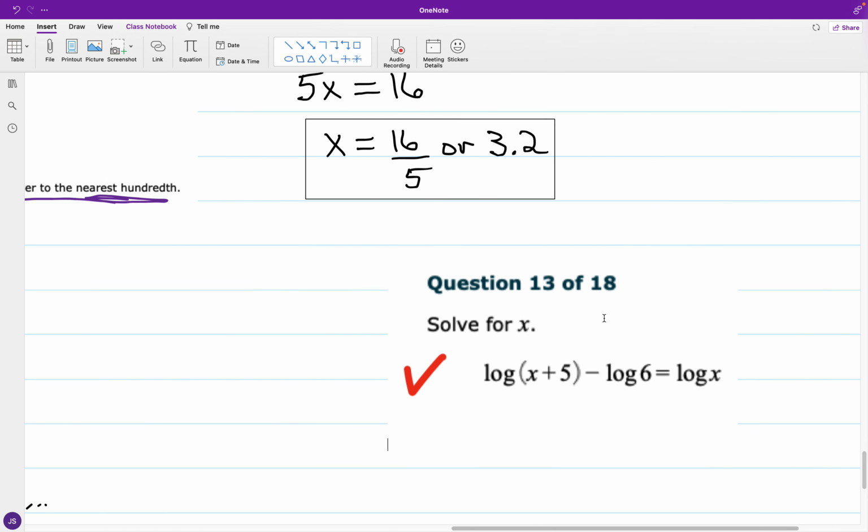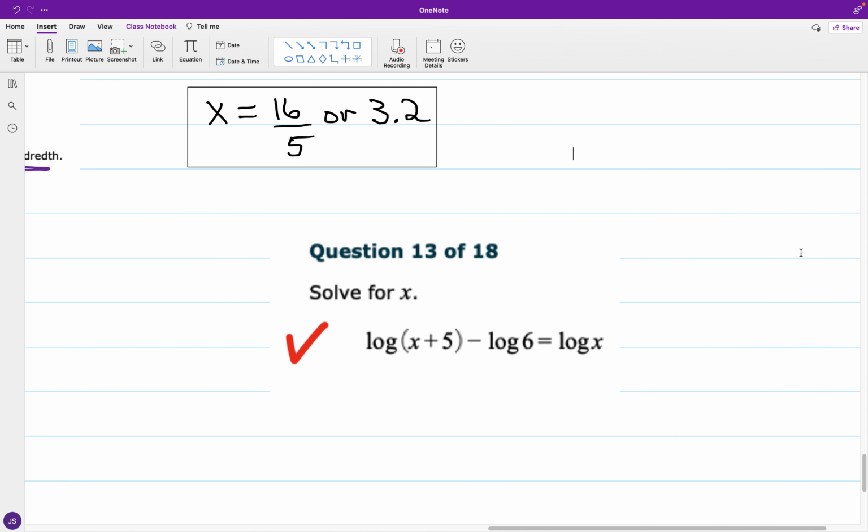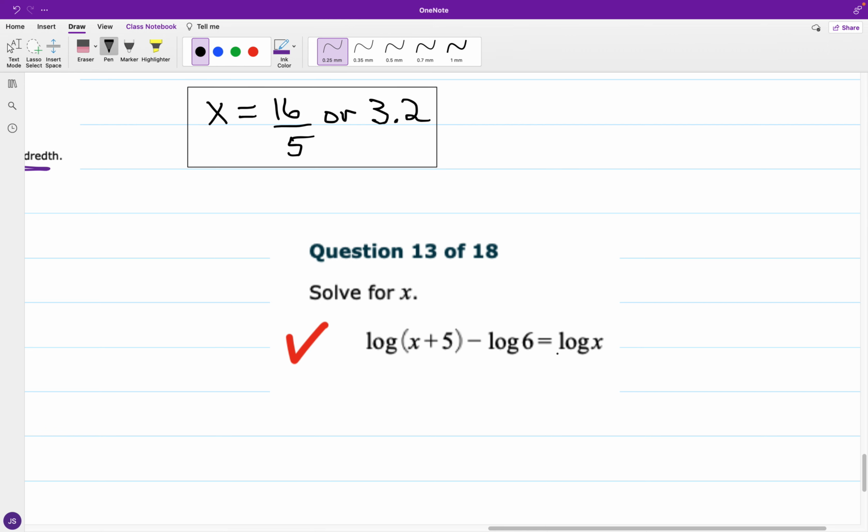Again, we have the base 10 logarithm of the quantity x plus 5 minus that of 6 is equal to the base 10 logarithm of x. So we've got base 10 logarithmic terms throughout.